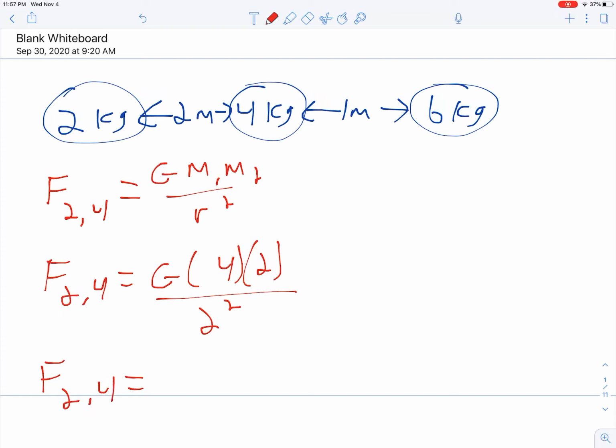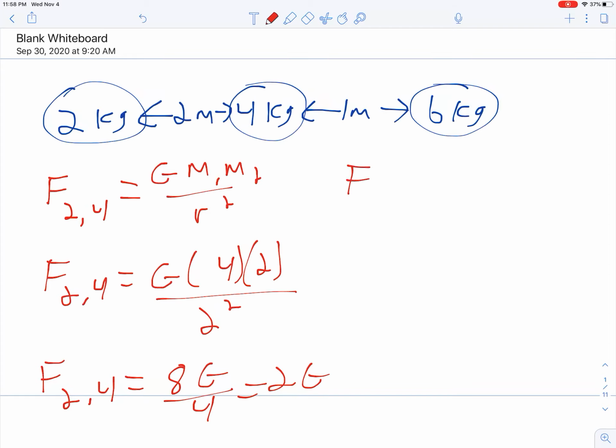And so then I get a force of 8G over 4, which is 2G. Okay, I'm going to leave it just like that. I'm not going to multiply out the G yet.